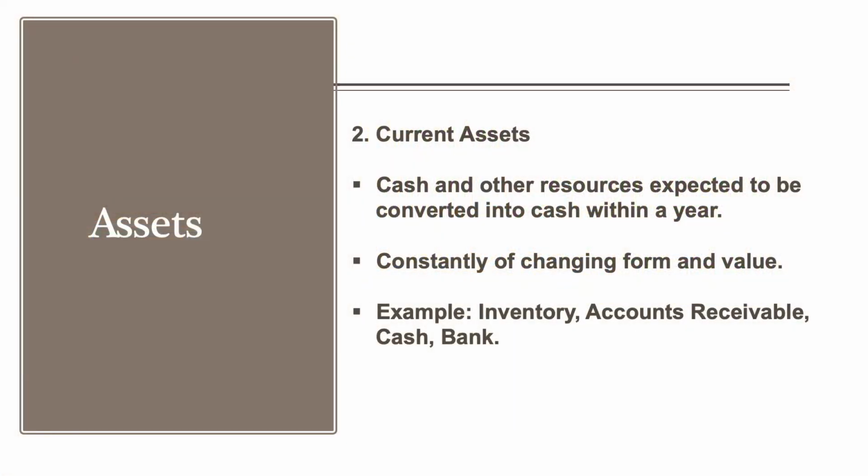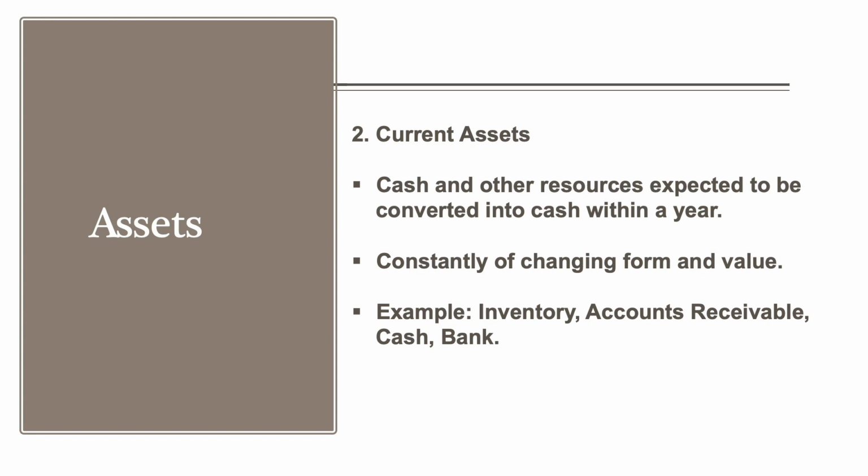Now we go for the second part, as I told you just now, current asset. Current asset refers to cash and other resources expected to be converted into cash within a year, constantly changing form and value. Ini merupakan aset yang cepat ditukarkan kepada tunai dalam tempoh setahun.